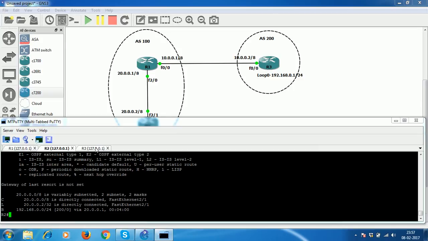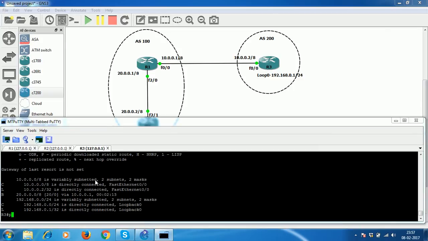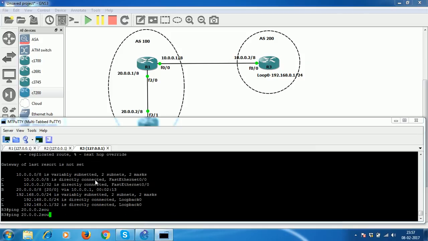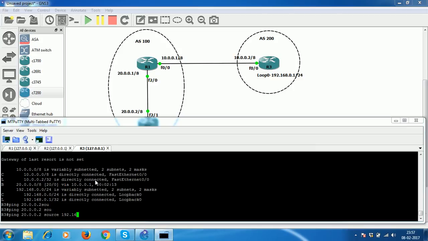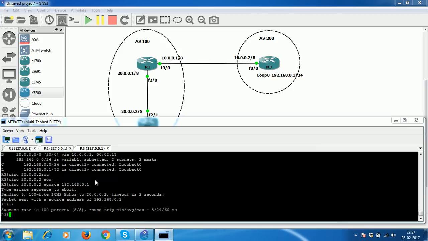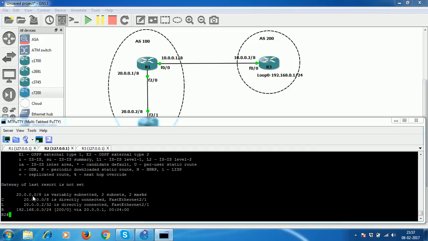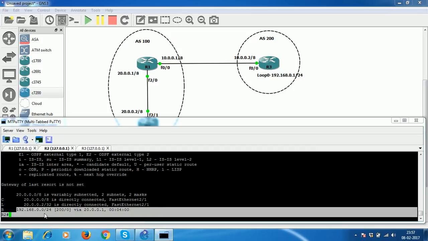But from R3 if you try to ping the same 20.0.0.2 with the source as 192.168.0.1, it will ping. Why? Because in the R2 table you can see the 192.168 network.